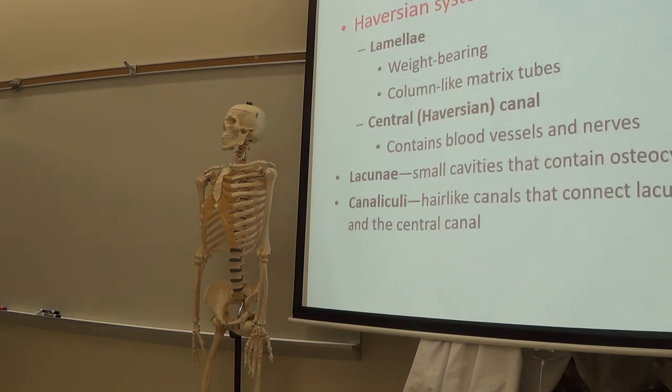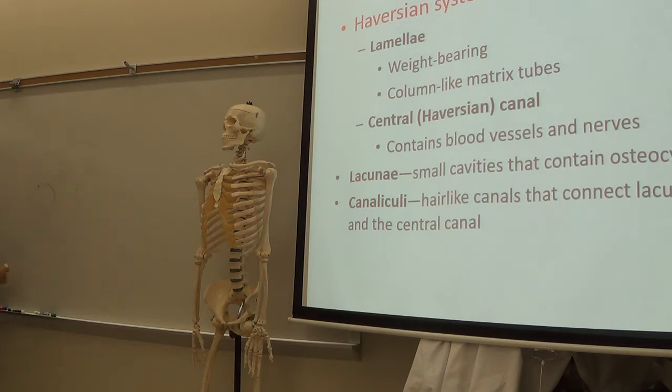So first, you see the structure of a compact bone. You have already seen it under the microscope. You must remember when you saw the bone tissue under the microscope, you saw many round structures, many round structures like this.